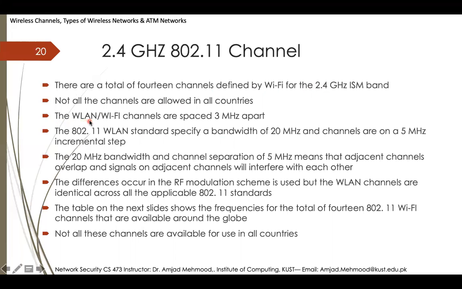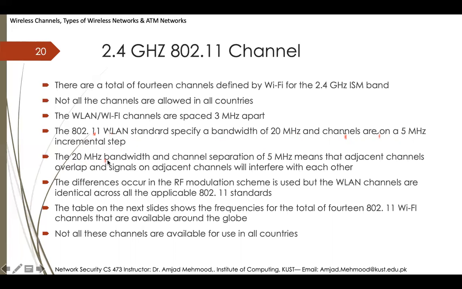The WLAN or Wi-Fi channels are spaced 5 megahertz apart. The 802.11 Wi-Fi LAN standard specifies a bandwidth of 20 megahertz, and channels are on a 5 megahertz incremental step. I'll show it on my next slide.